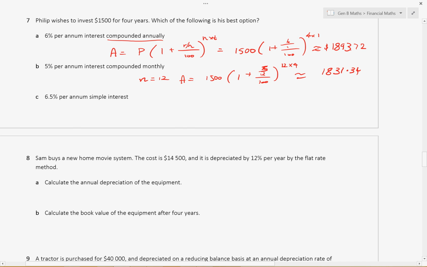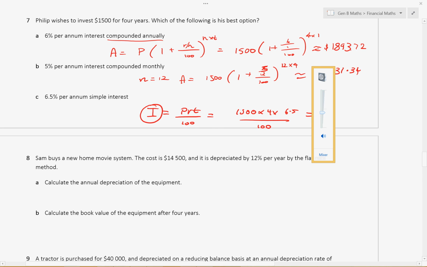Now this is really interesting. A lot of students made this mistake, so make sure you take note of this if you are watching this video. I is equal to PRT over 100. But remember that this is just the interest earned. So 6.5% interest on $1,500 over 4 years was approximately 390.